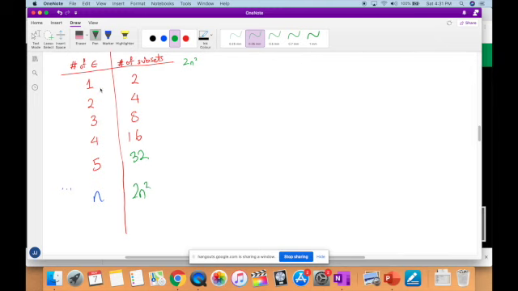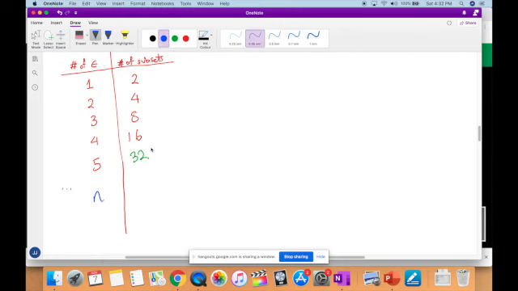The number of elements is 1, so n is 1. 1 squared is 1, times 2 is 2, so it works here. The number of elements is 2, so 2 squared is 4, times 2 is 8, so it does not work here. And it probably wouldn't work going down the line. So I'm afraid it is not 2n squared.